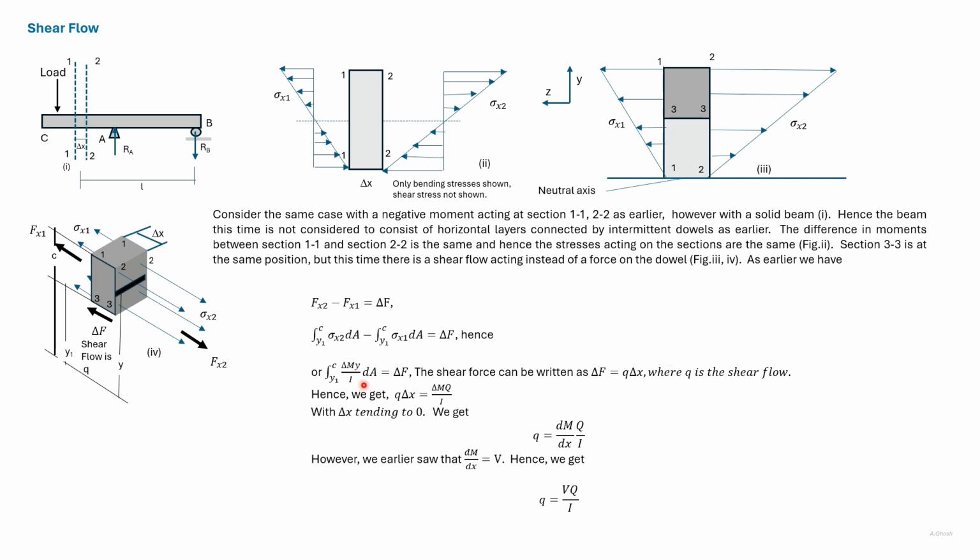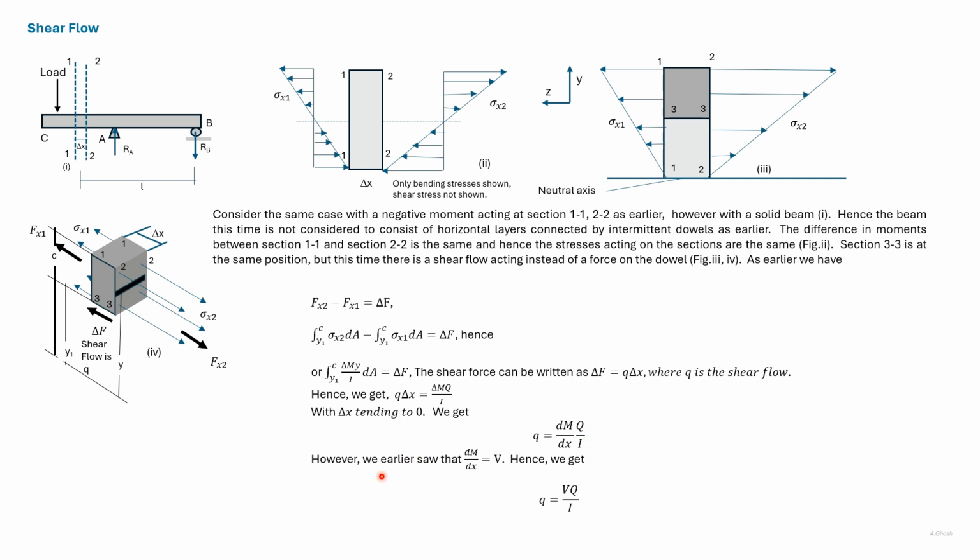So this expression can be written as shear flow into del x is equal to del M into capital Q, which is the statical moment of the area, divided by I. With del x tending to 0, we get q is equal to dM by dx into Q divided by I.